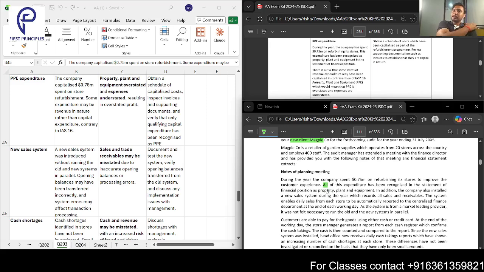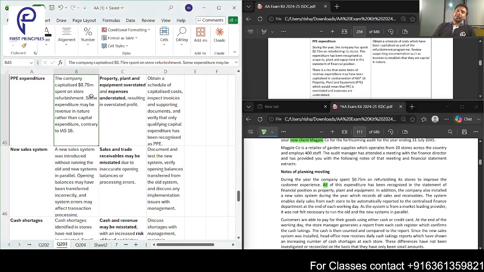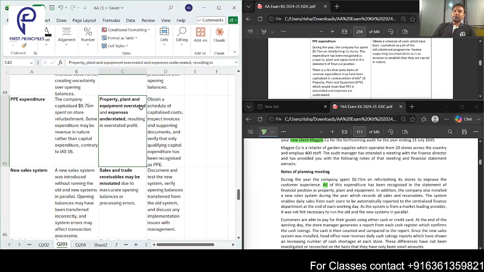Why? Because some expenses should not have been capitalized, as they would not have met the criteria. So the company capitalized all of the refurbishment expenditure. The risk here is that property, plant, and equipment may be overstated and expenses understated, because some of the expenses should have been expensed and shouldn't have been capitalized. Costs that don't meet the criteria shouldn't be capitalized.